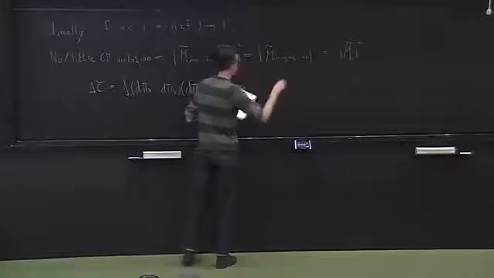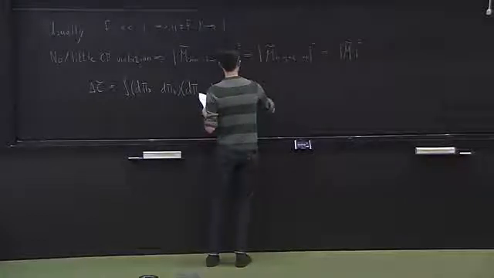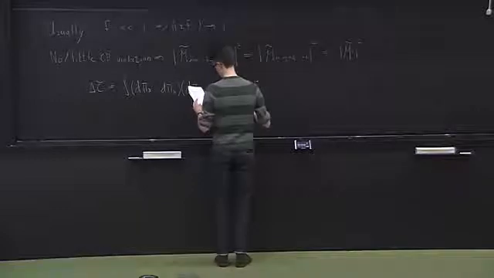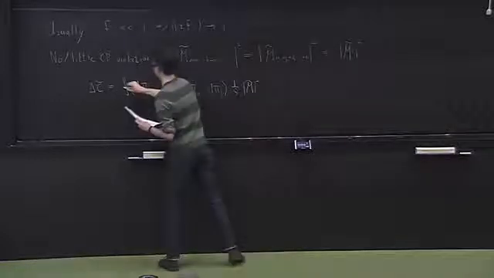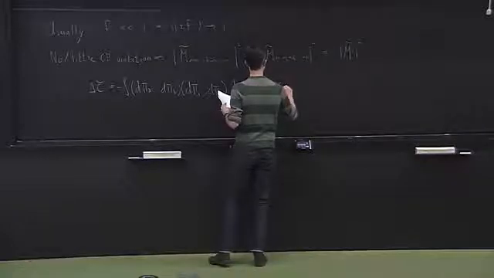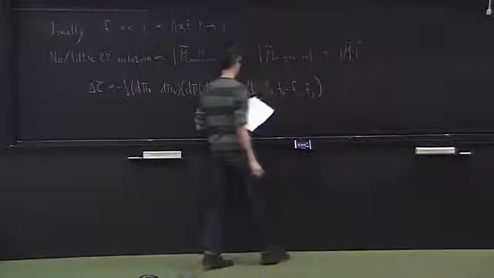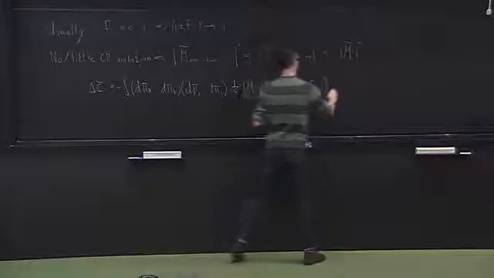And now instead of having that big mess, I just get a 1 over s, m tilde squared. I'll put a minus sign here. And here I just get fa, fb, minus fi, fj. Oh, and then I throw out my delta function.